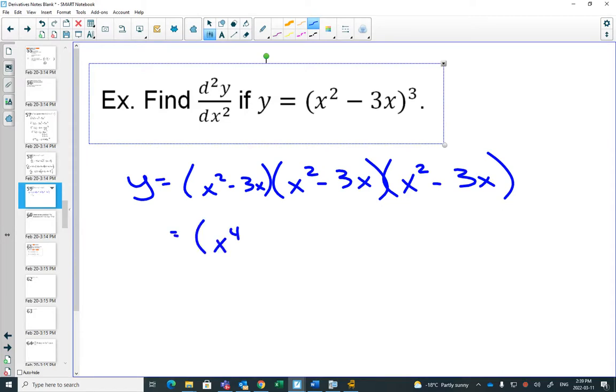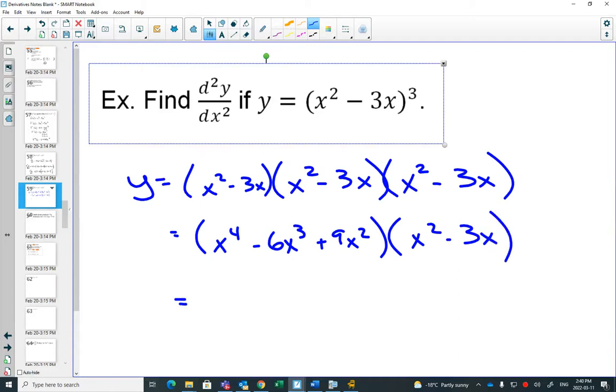We're going to get minus 3x cubed minus 6x cubed plus 9x squared. And then do all of your arrows here, and you would get an x to the 6. This is a minus sign. We're going to get minus 3x to the 5 minus another 6x to the 5s.